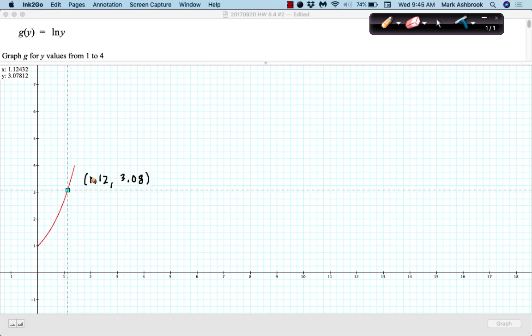So tell the person next to you, what's the meaning of this point? 1.12, 3.08. That's the x and y coordinate. Go.